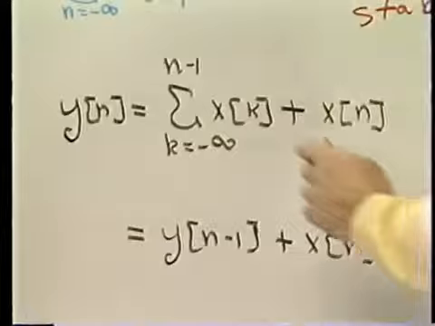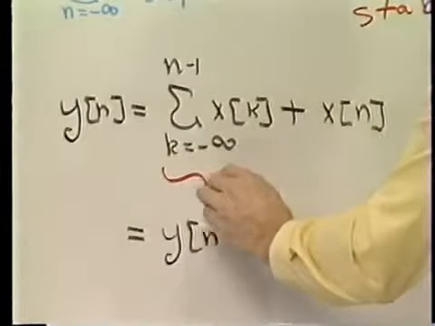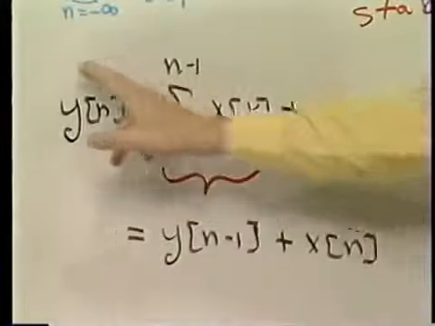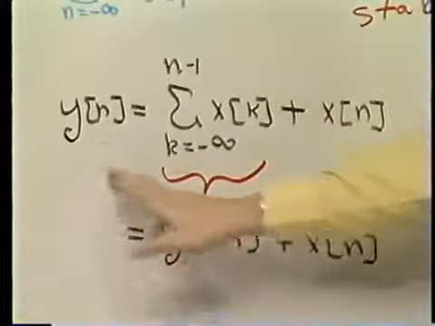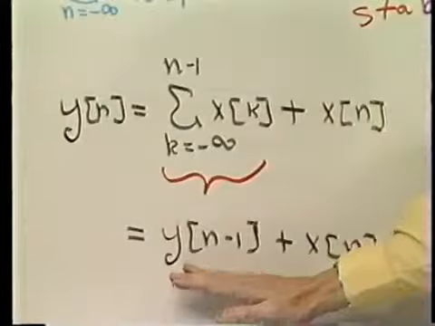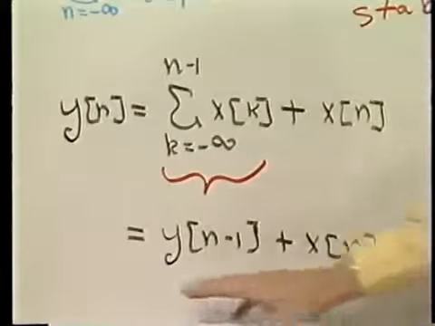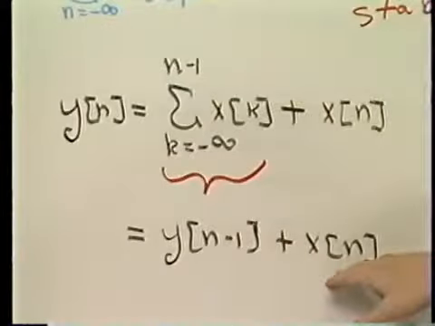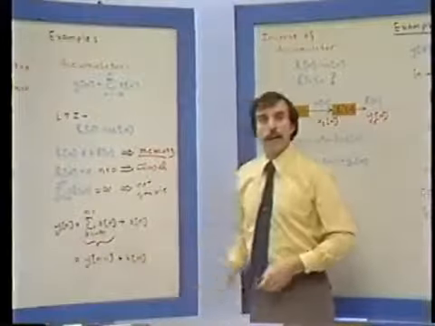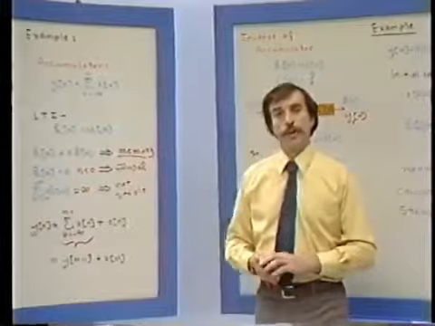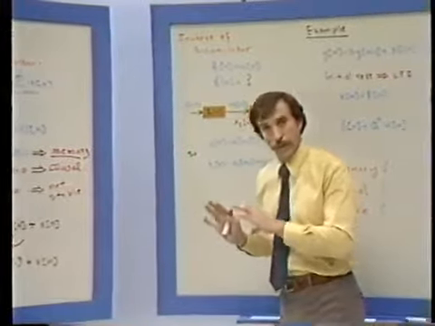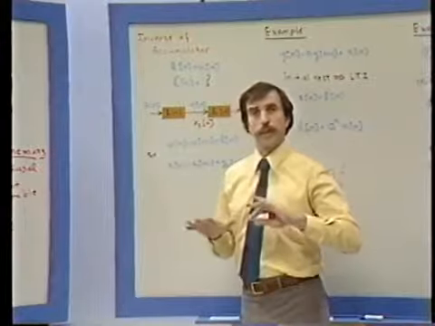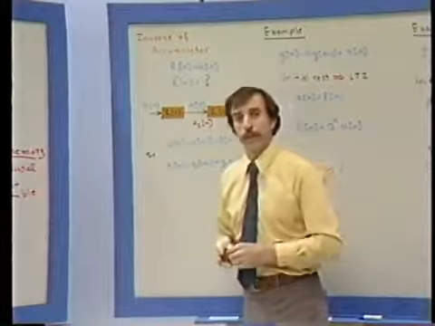And in fact, if we do that, this corresponds to y of n minus 1. And so we could rewrite this difference equation as y of n is y of n minus 1 plus x of n. So the output is the previously computed output plus the input. Expressed that way, what that corresponds to is what is called a recursive difference equation. And difference equations will be a topic of considerable emphasis in the next lecture.